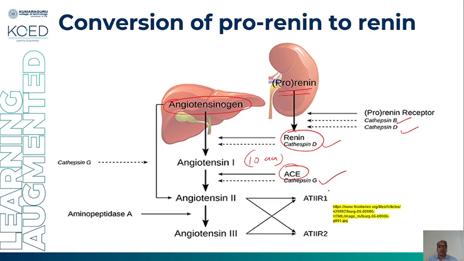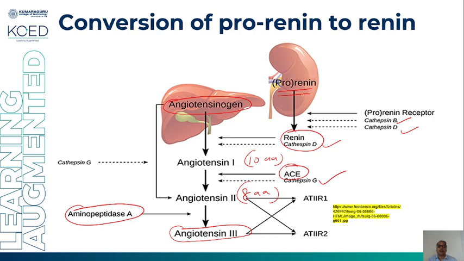Even cathepsin G can act upon angiotensin 1. And angiotensin 2 is an 8 amino acid octapeptide. This can lead to another important hormone, termed angiotensin 3, in the presence of aminopeptidase A.